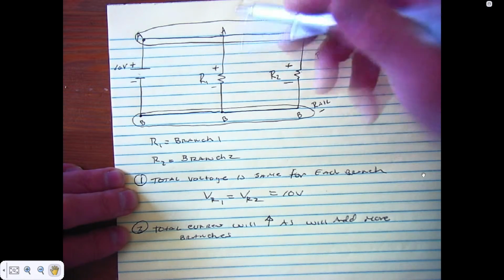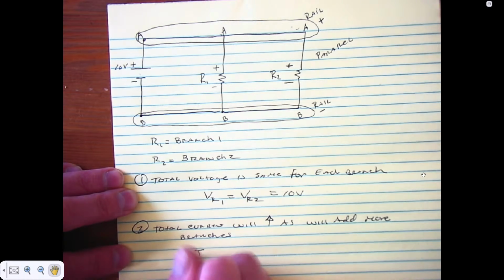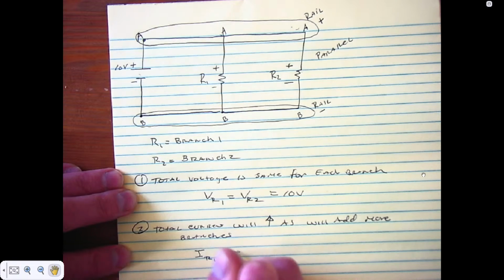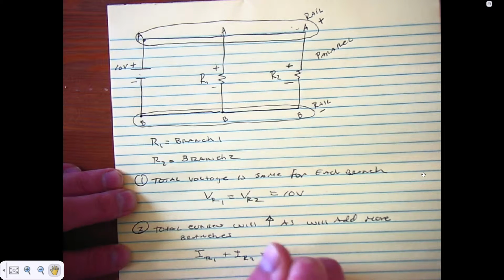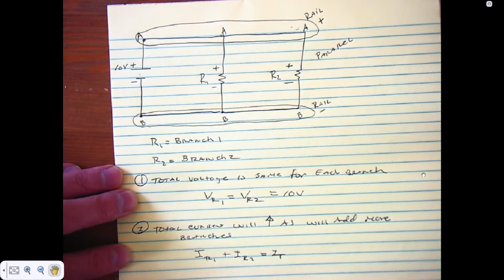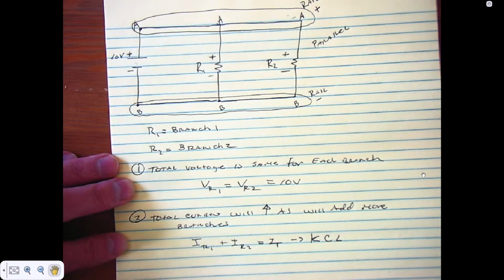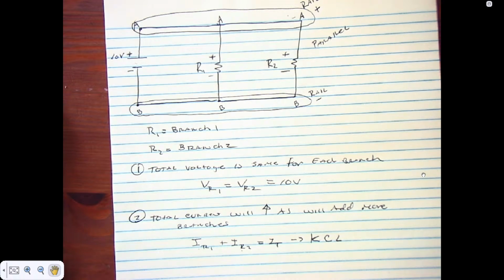So we can say that in this case, IR1 plus IR2 is going to be equal to I total. Well, isn't that Kirchhoff's? This is going to be Kirchhoff's current law, which states that the summation of all branch currents subtracted from I total should equal to about 0, similar to Kirchhoff's voltage law.